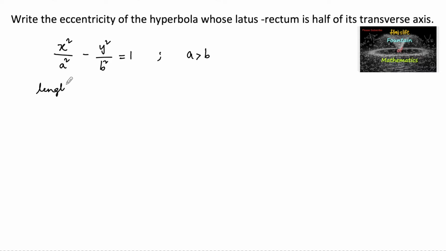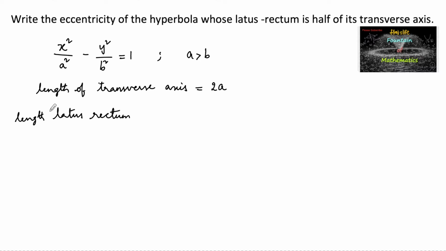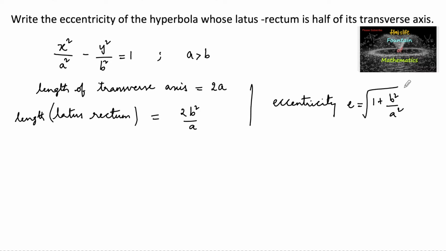So the length of the transverse axis is 2 times a, and the length of latus rectum is equal to 2 times b square upon a, and eccentricity e is equal to 1 plus b square by a square, the whole under root.